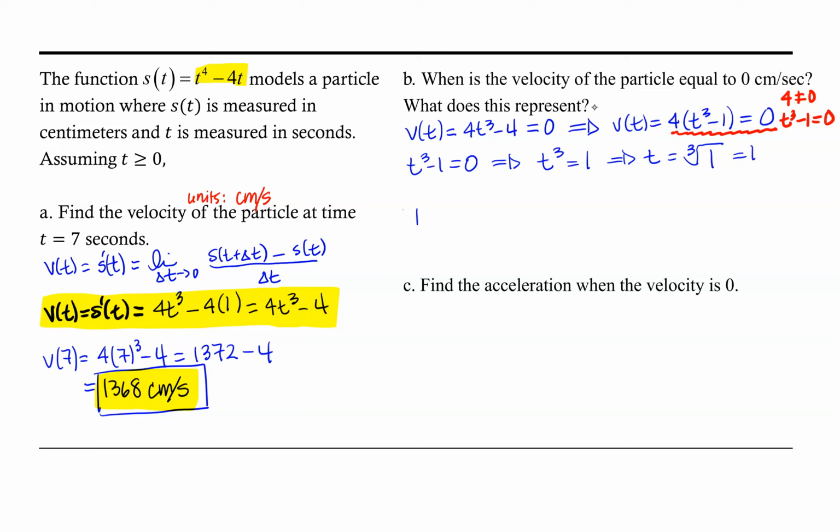So the velocity of the particle is 0 centimeters per second when t equals 1 second.